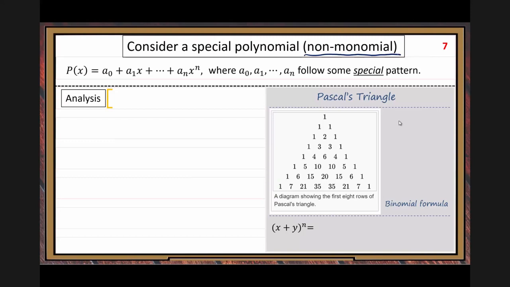A binomial has two terms, x plus y to the nth power. So there is a binomial formula. When you learned discrete math, if you still have the book, near the end you can see this binomial formula. People also call it Newton's formula, because Newton discovered it.